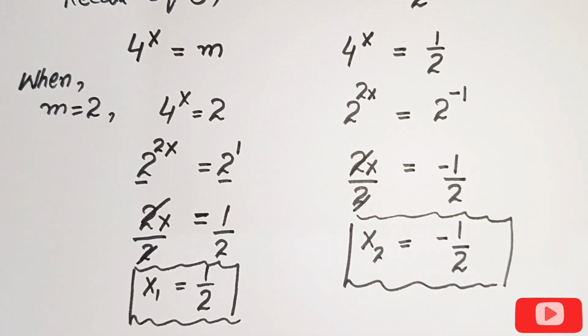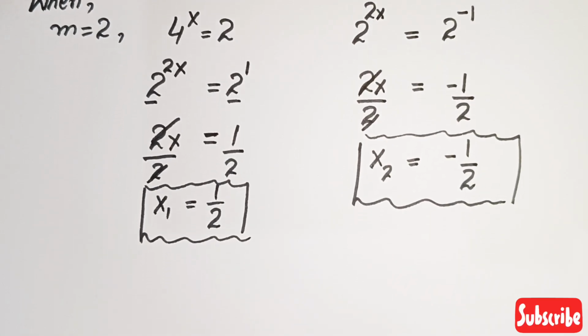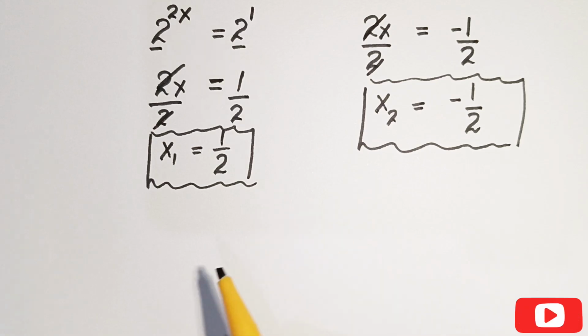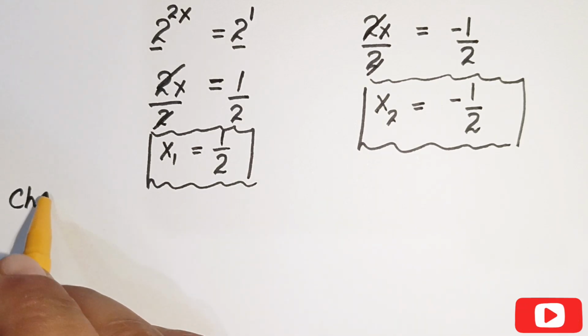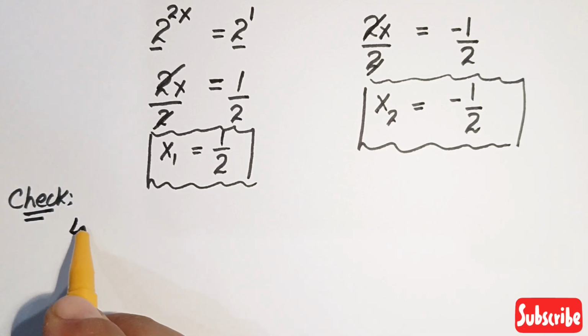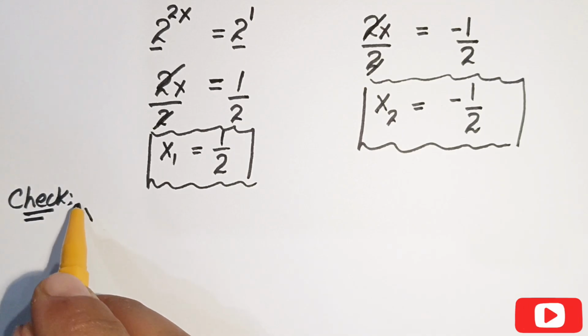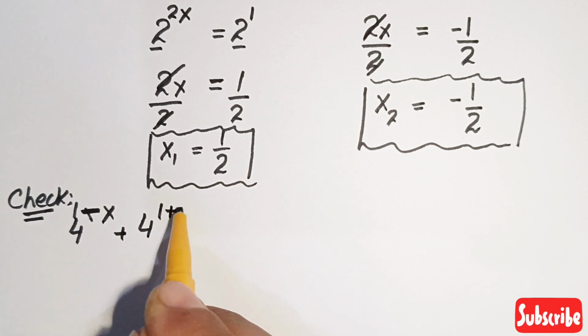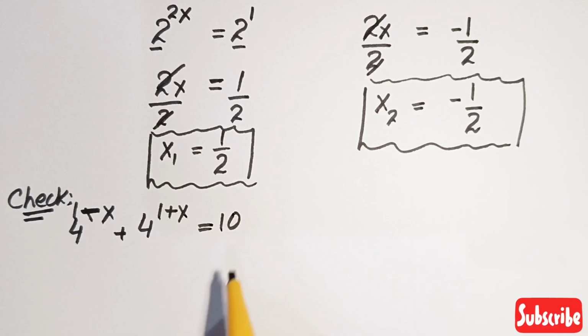Now we are going to verify our result. For verification we can verify these two values individually. Recalling our problem, it is 4 to the power 1 minus x plus 4 to the power 1 plus x is equal to 10.